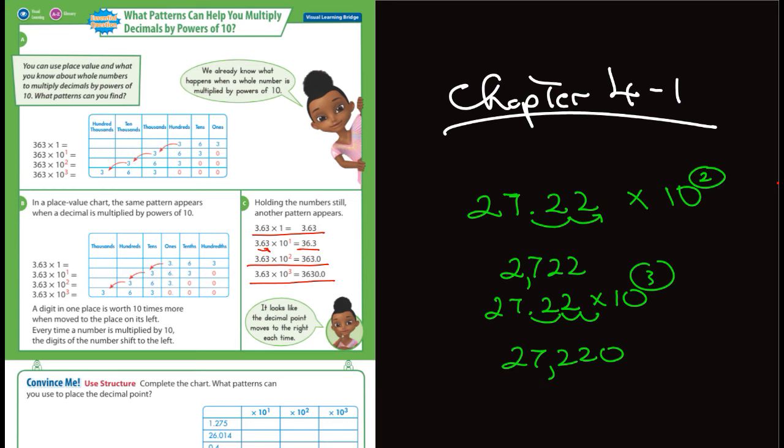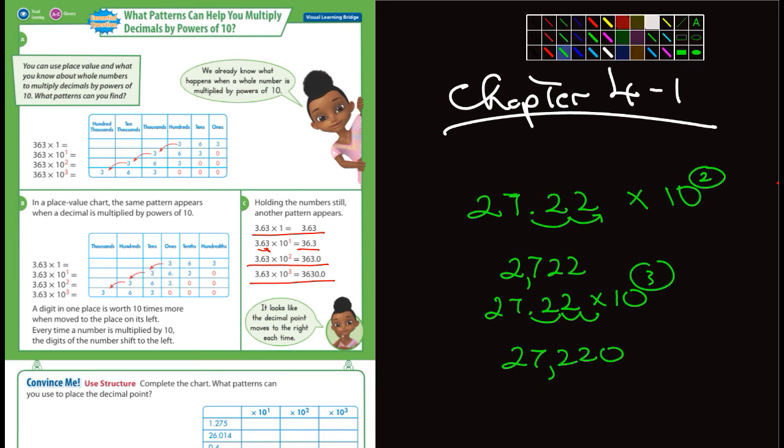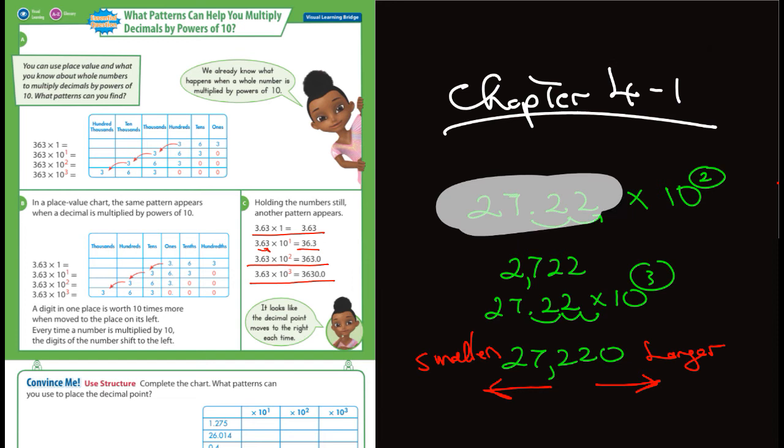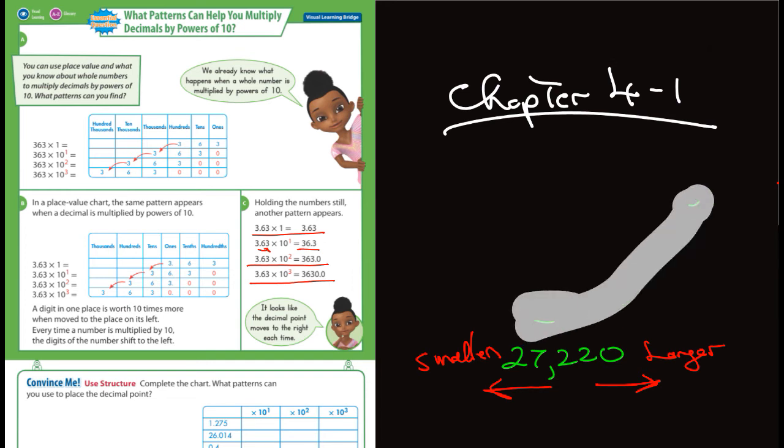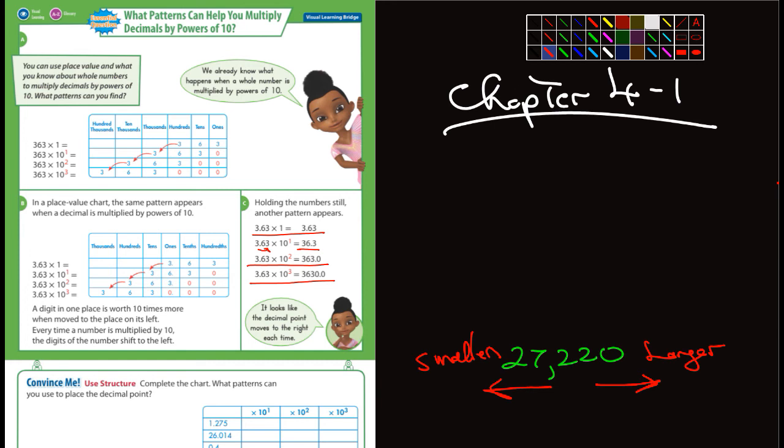And you'll notice that as we move the decimal further to the right, it gets larger. And whenever we move the decimal to the left, it gets smaller. So for example, let me just come up with any number here.